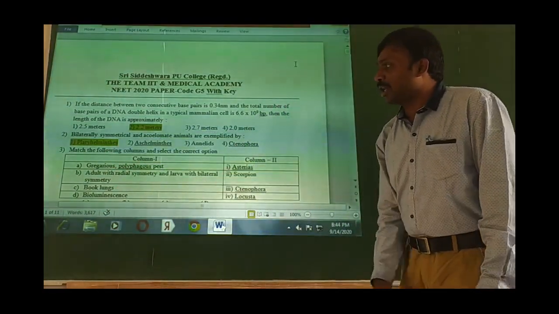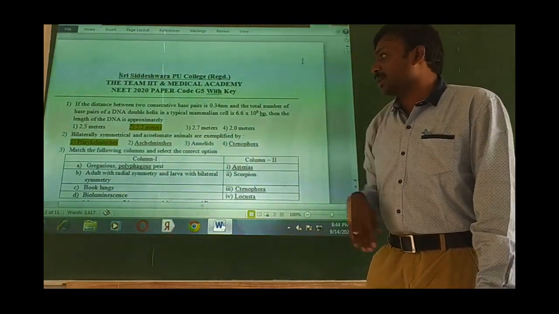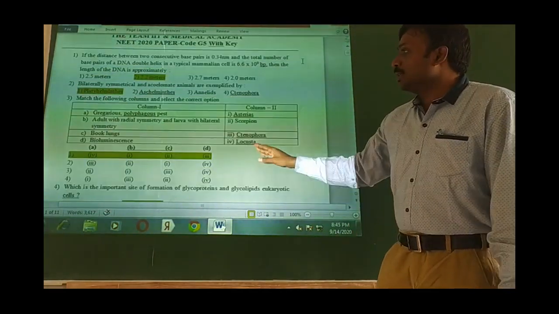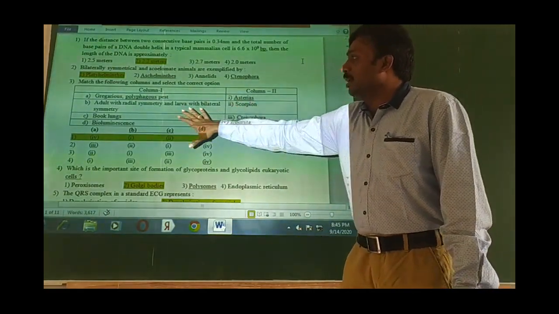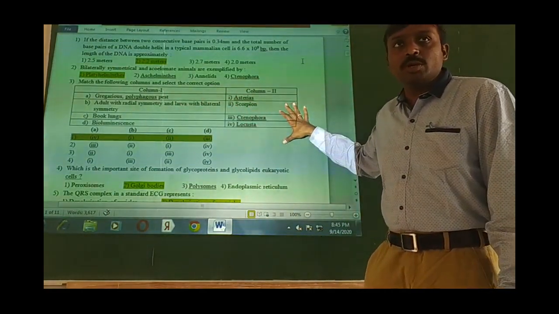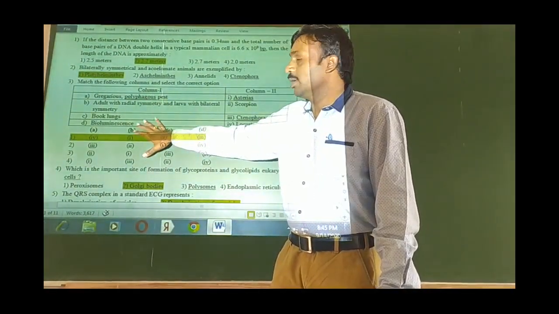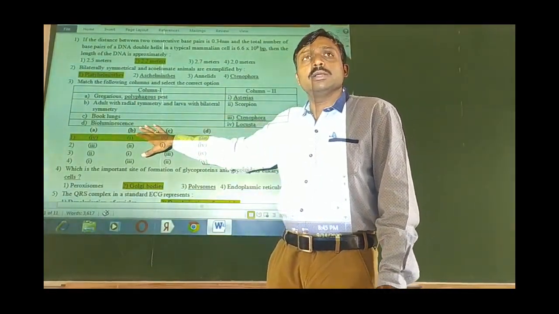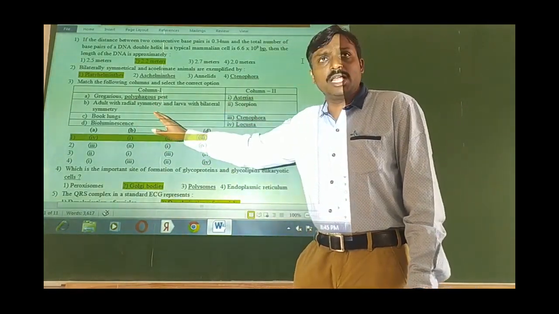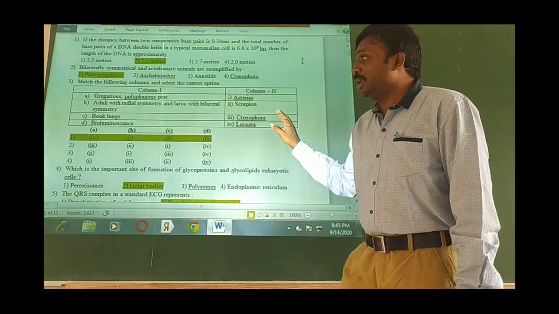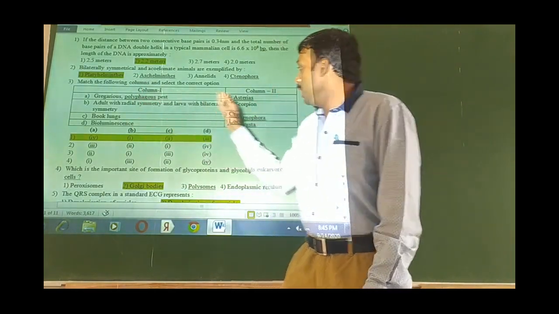Then moving on to the third question: match the following columns and select the correct option. If we look at column 1 and column 2, some respiratory organs and some special mechanisms involved in various animals are given on one side, and on the other side, the characteristic features observed in which animal.